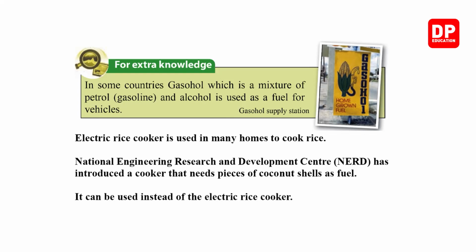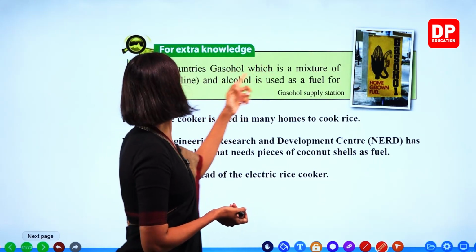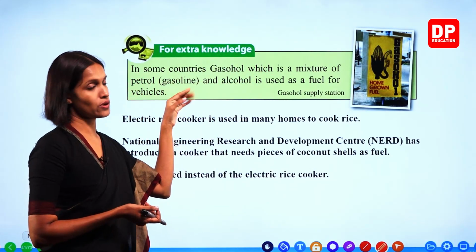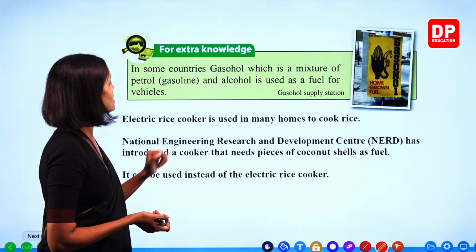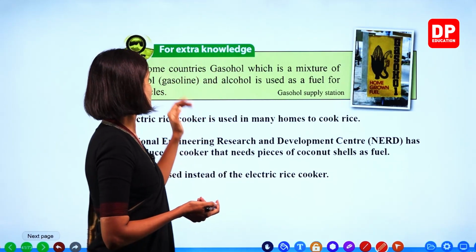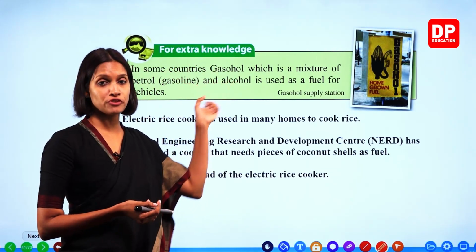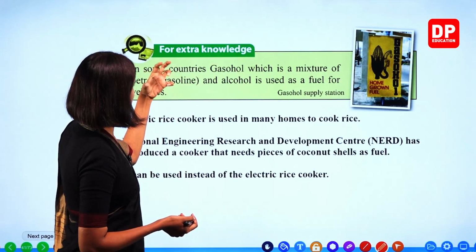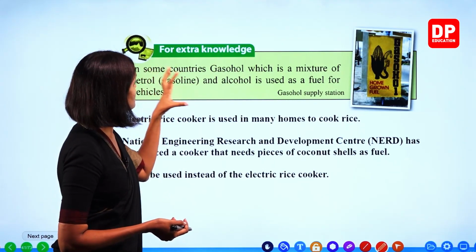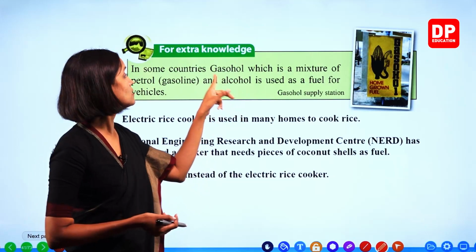So for extra knowledge here, in some countries, gasohol, which is a mixture of petrol, known as gasoline, and alcohol, both of which are fuels. So in some countries, they produce another type of fuel called gasohol.